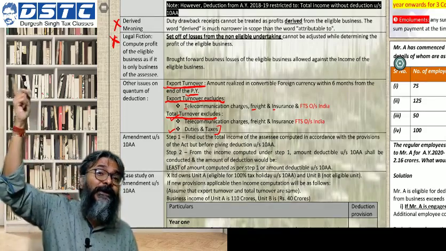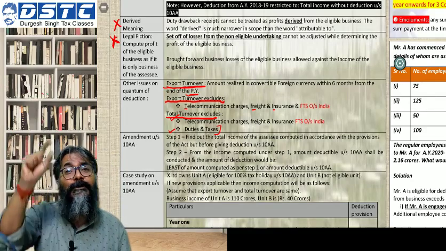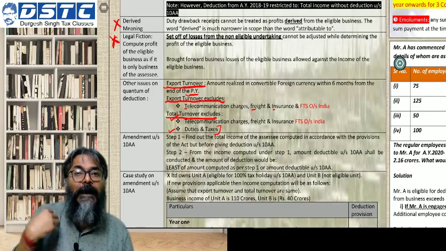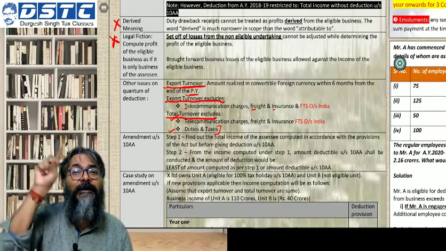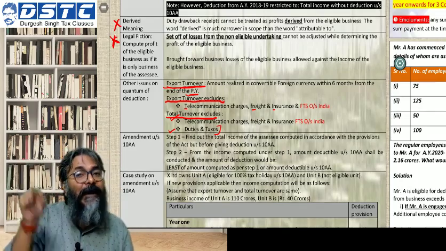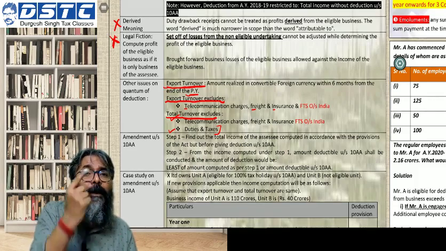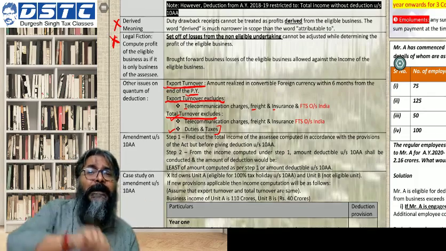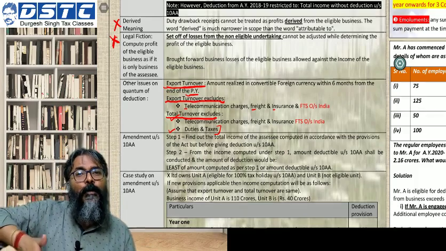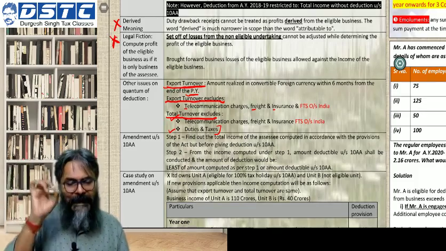Whenever the goods reach my country, I will take them to my factory, and I require you to provide me technical support. I told him, fine, for that also I will charge you some amount, so I am also recovering that amount. Therefore, while you calculate your export turnover, or for that matter even the total turnover, you will not take into account the consideration which you have recovered after the export is completed.